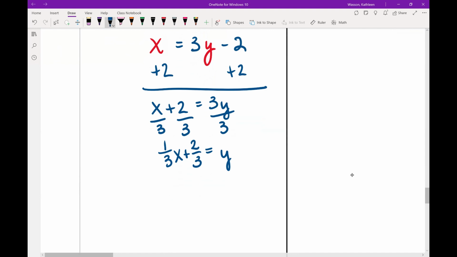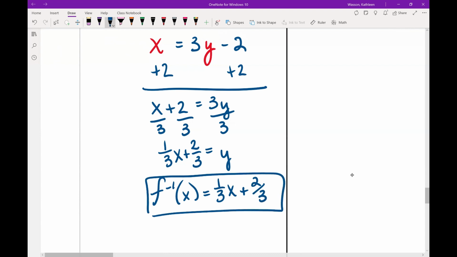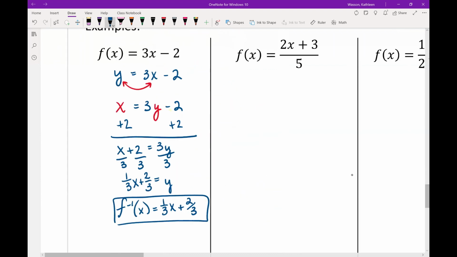So to relate this back to the original equation, I write f inverse of x equals 1/3 x plus 2/3. You can graph to check and verify that 1/3 x plus 2/3 and 3x minus 2 are symmetrical across the line y equals x.